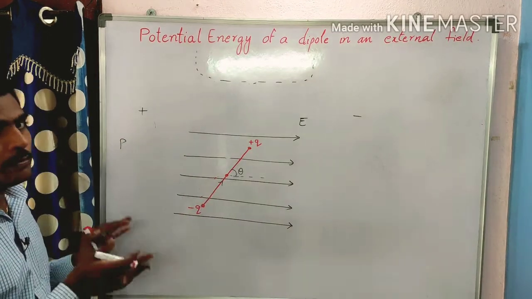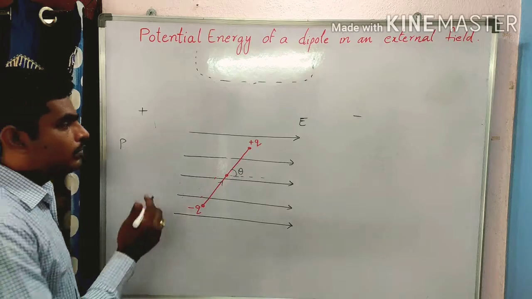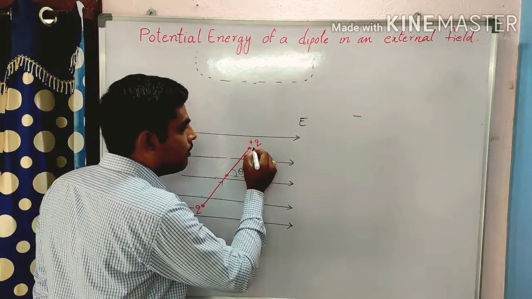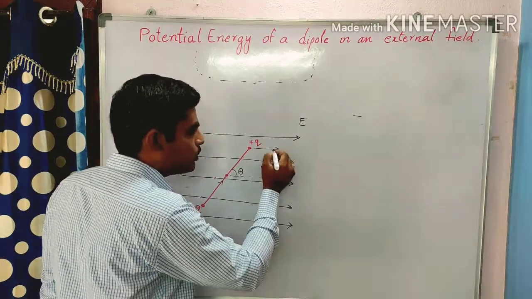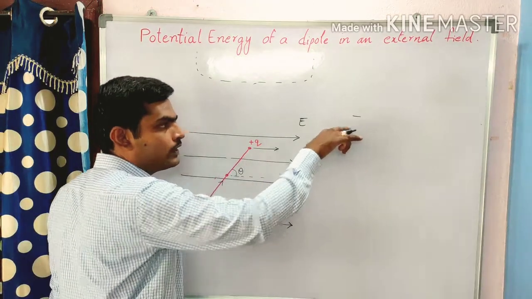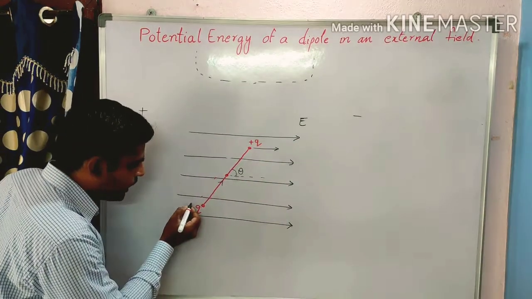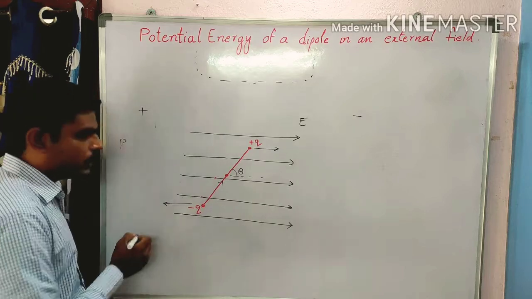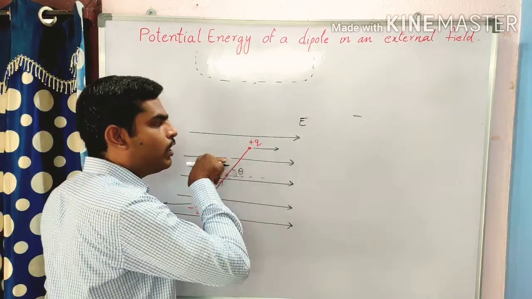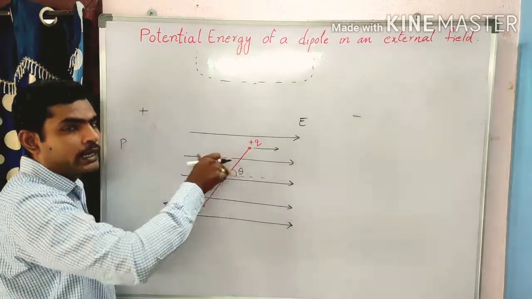So what happens when you place an electric dipole in the electric field? A force is generated on the positive charge. The positive charge is pulled towards the negative side, and the negative charge is pulled towards the positive side.